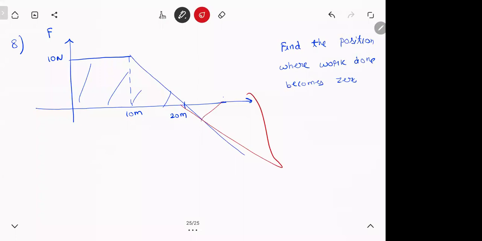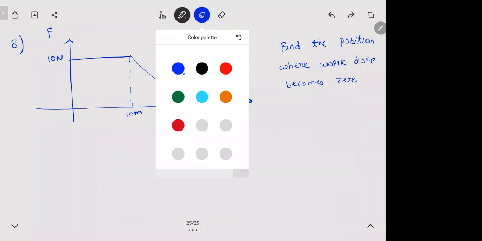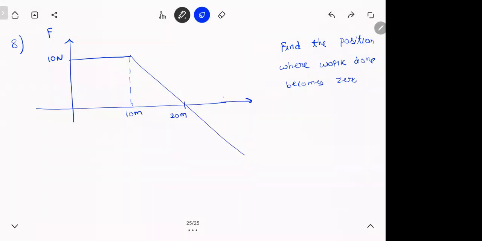If you go down, this is a negative area. At some point, the areas will cancel out. So which position is this? We have done this thing in a VT graph. Find the position where the displacement is 0. Exact same question. The numbers are 10 and 5 and all. Okay, give it a try. I'll give it 2-3 minutes.